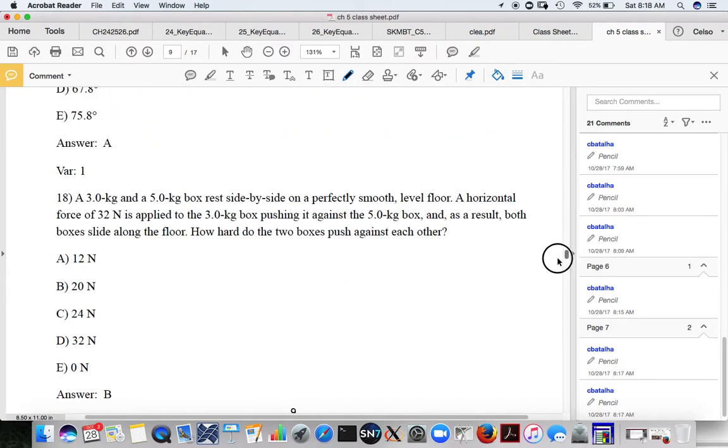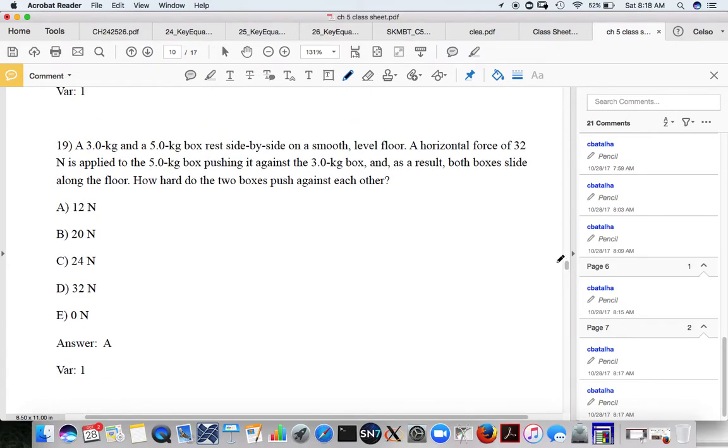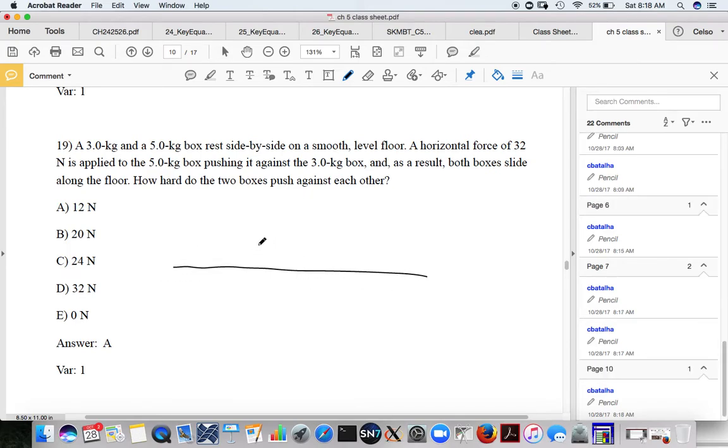Let's just move along. What is this? A 3 kilograms and a 5 kilograms block rest side by side on a smooth level. Okay, let's make a level. So one block and another one. Let's make this the 5 kilograms block, although smaller, and a 3 kilograms block.